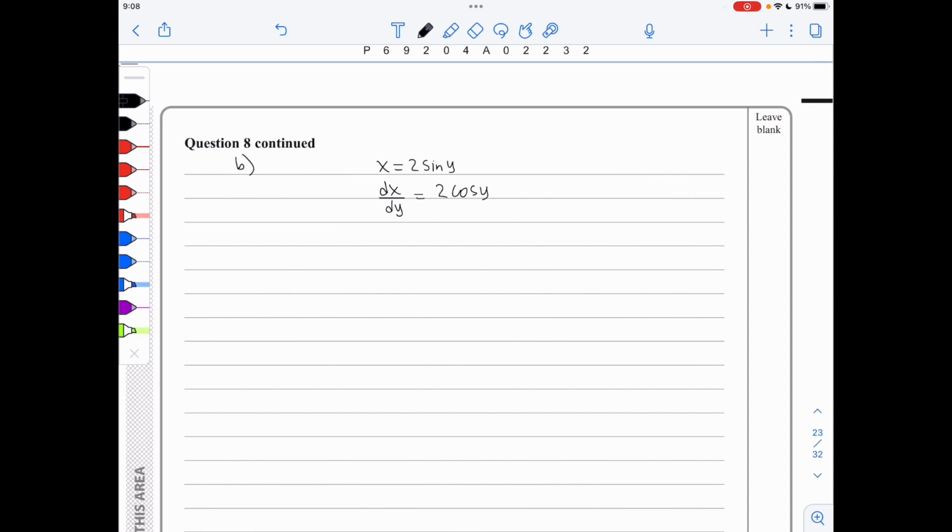Now I will draw a triangle here starting with x over 2 is sine y to put this in a simple right angle triangle. So if this is y, then the opposite is x and the hypotenuse is 2. Pythagoras gives me that the adjacent is root of 4 minus x squared, which makes cos y to be the adjacent over the hypotenuse.